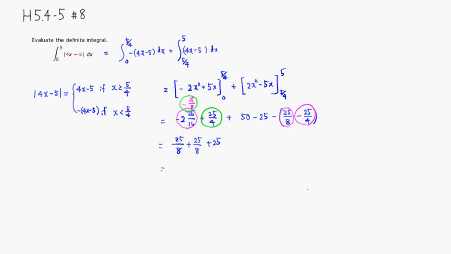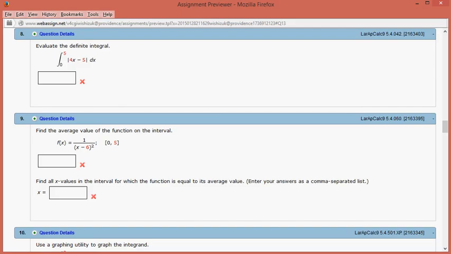So this is going to be 25 over 4 plus 25. 25 is the same thing as 100 over 4, so 125 over 4.